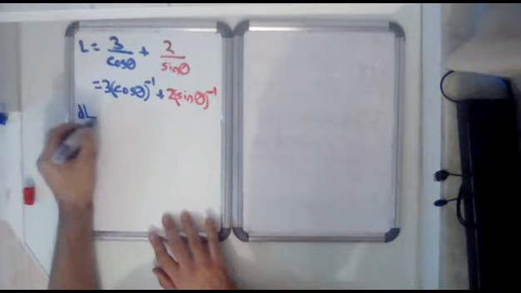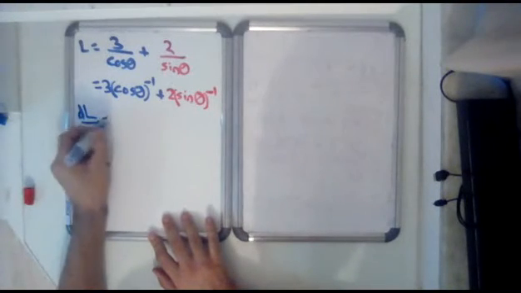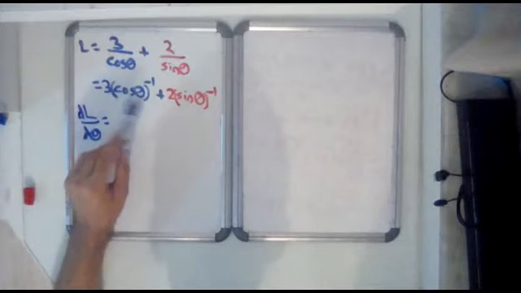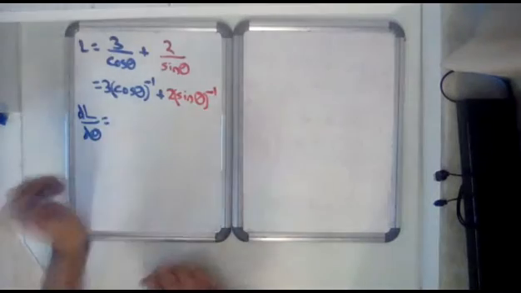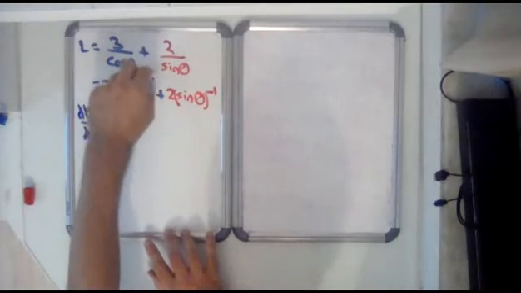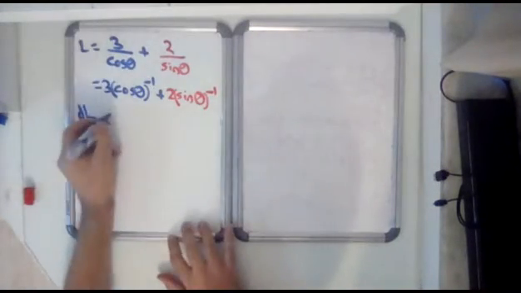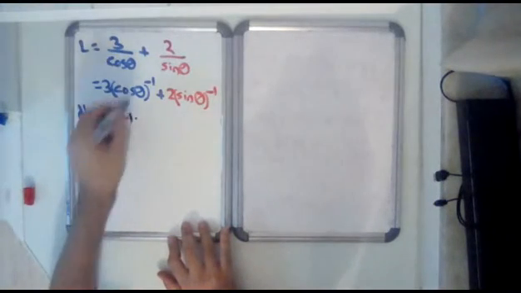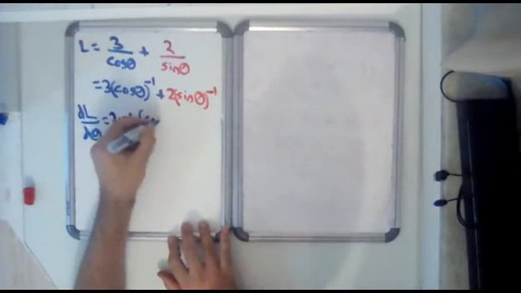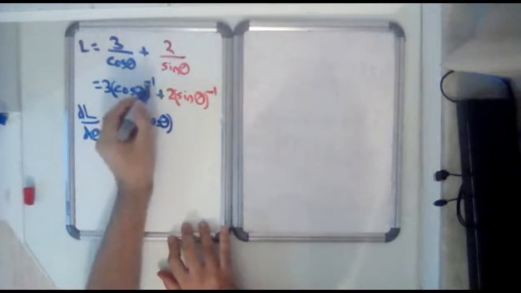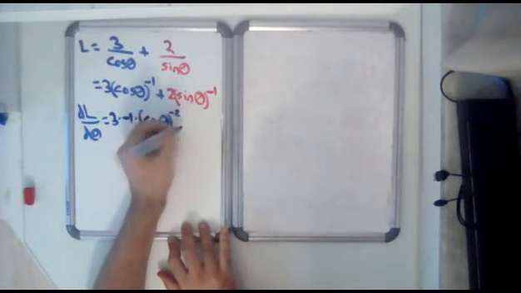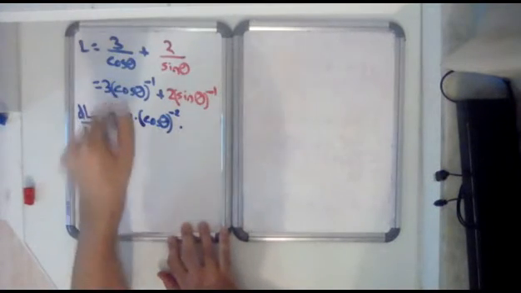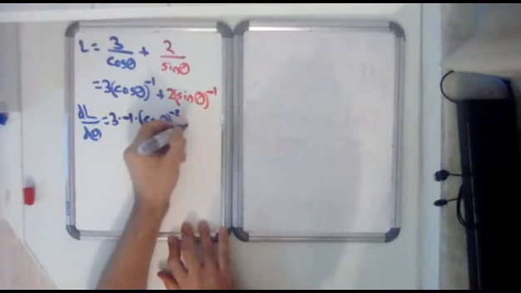So dL by d theta equals, so if you're going to differentiate this blue term, it's a chain rule. We can do shortcut chain rule. So you're going to bring the power to the front, leave the 3, so equals 3 times power to the front minus 1 times the bit that's in the bracket, cos theta, drop the power by 1, minus 2, and then times by the derivative of the function in the bracket. The cos theta differentiates to minus sine theta.